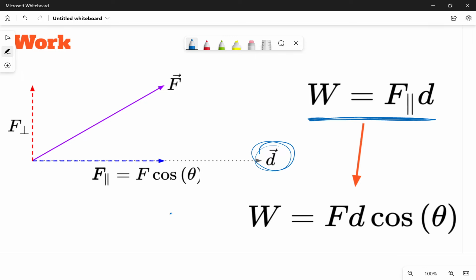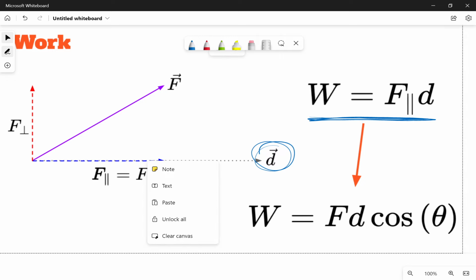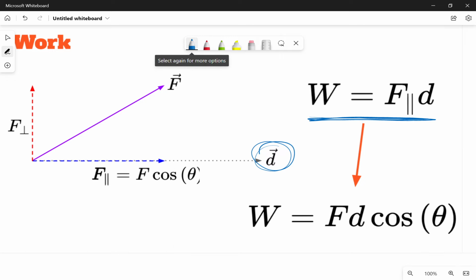And there's a displacement. What I want to show you here is that this is the core equation, but if I try to calculate how much of the force is parallel, I'm going to get this equation here. I'm just going to walk you through that real quick. Let's say this purple arrow is my force, and there's an angle here between the force and the displacement.